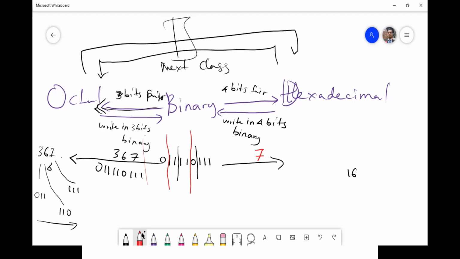Here with the other group you get 15. 15 we actually write as F. So we'll get F7.